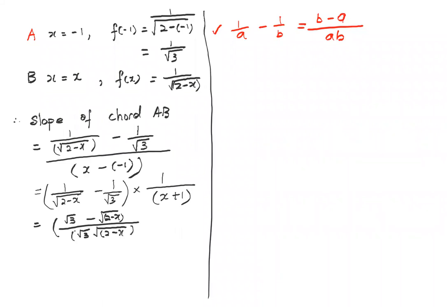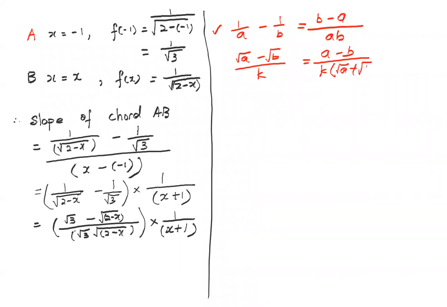So after I've done that, then I go by the square root concept. I will write this as a minus b over k times square root of a plus square root of b. So I memorize by heart already.